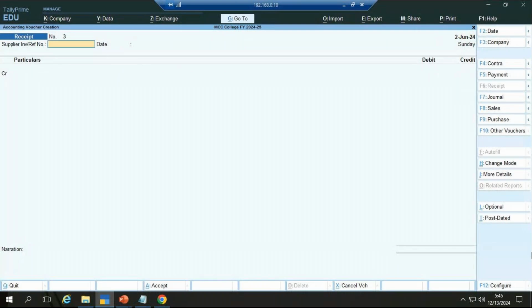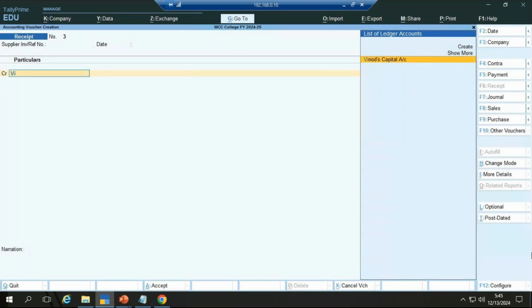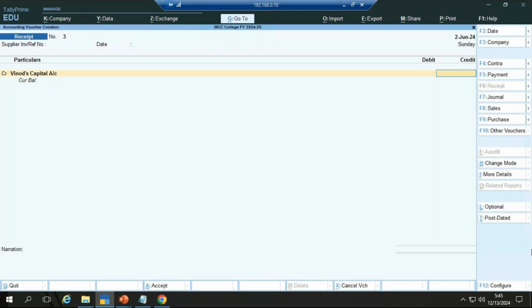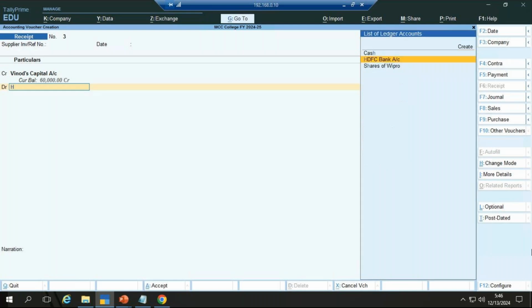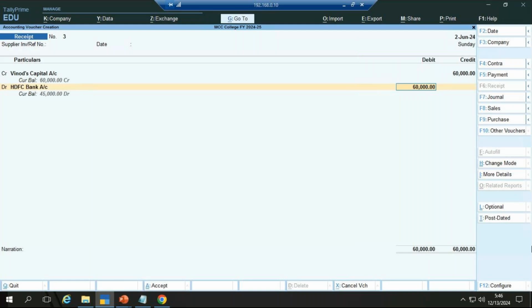So debit the receiver, credit the giver. Vinod is the giver. So Vinod capital account credit worth rupees 60,000. Enter. Debit HDFC bank account 60,000.